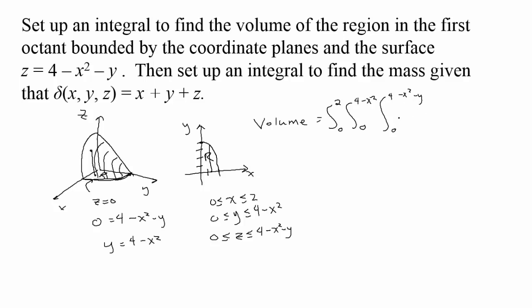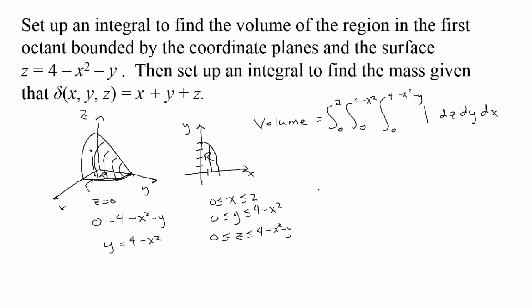Notice that we just do 1 dz dy dx. Because the inequalities for y depend on x, the integral with respect to y has to go inside the integral with respect to x. And since the inequalities that describe z depend on x and y, that integral's got to be inside both of those. So we have to do this integral in this particular order when we set up the bounds this particular way.